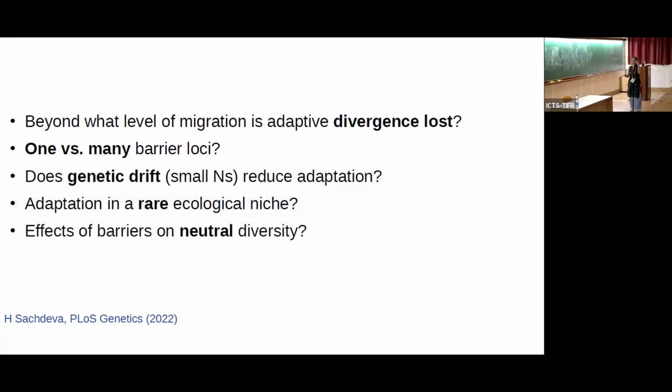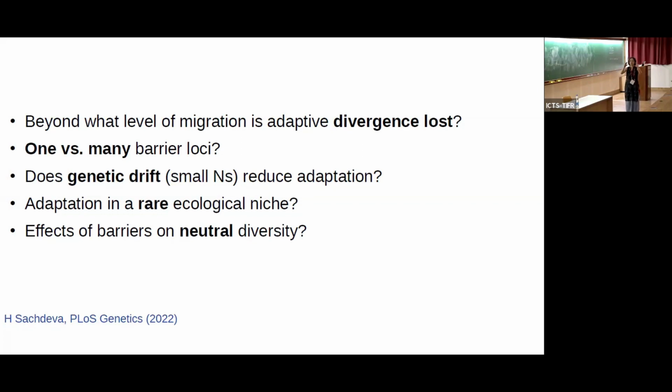But what happens when there are many such loci? One could argue that it must depend on the effective migration rate, but we don't actually know what the effective migration rate depends on. So I want to ask, how does this change when there are one versus many selected loci? How does genetic drift affect these thresholds?